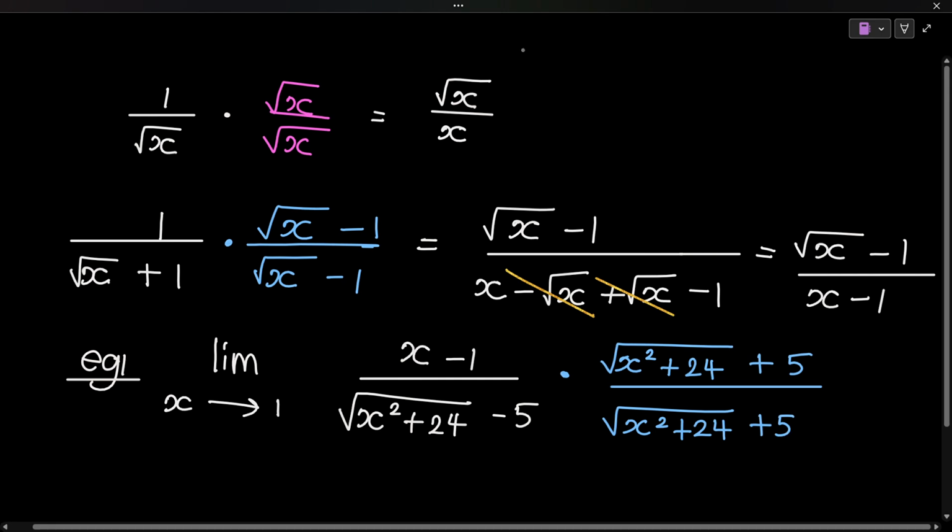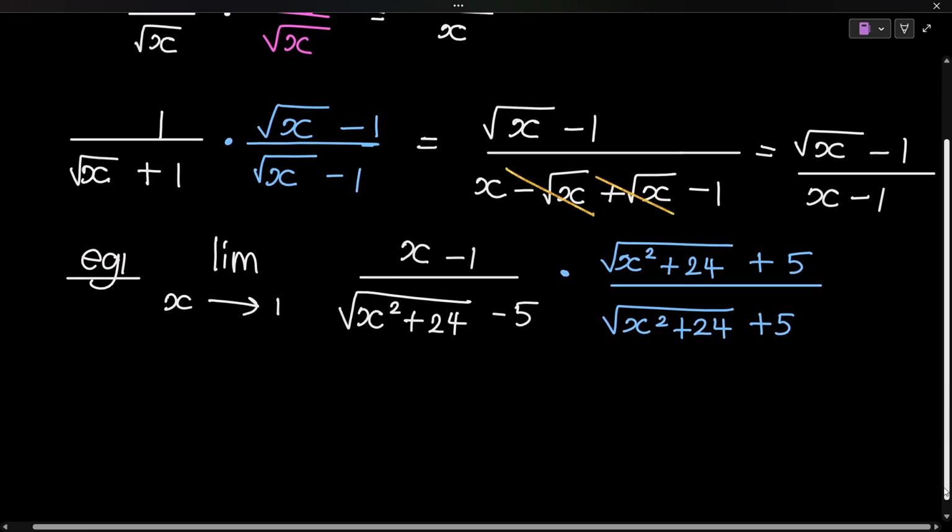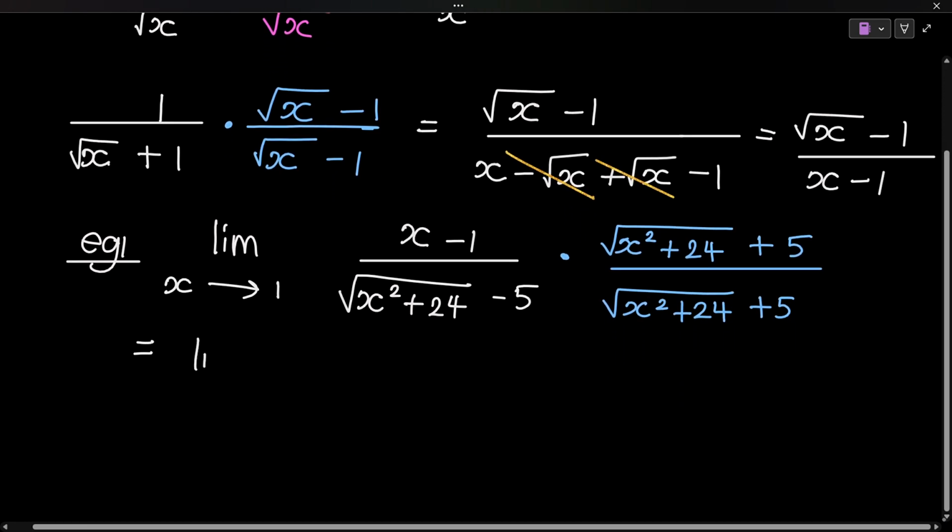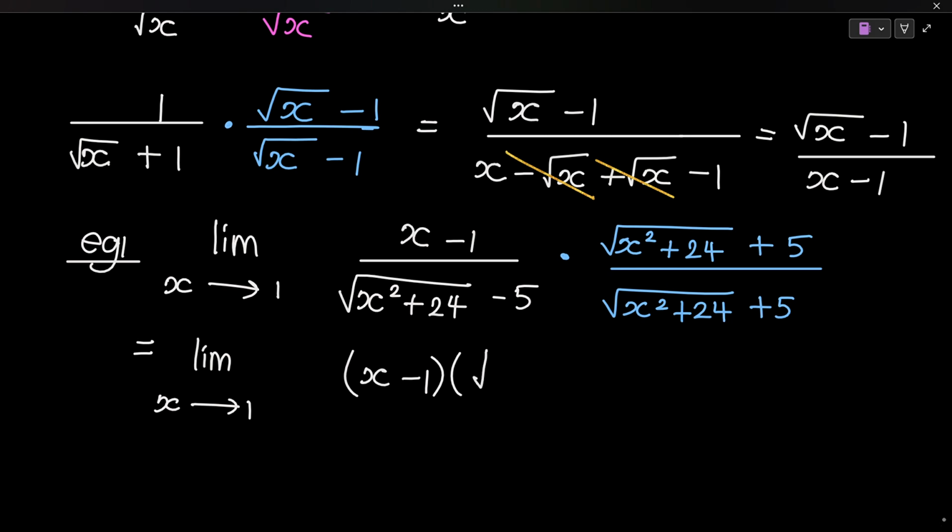Our next step is for us to multiply the numerators together and then multiply the denominators together. Now, when we multiply the numerators, I'm just going to keep them in brackets. There's no need to multiply them out at this point. And we'll see why a little later.